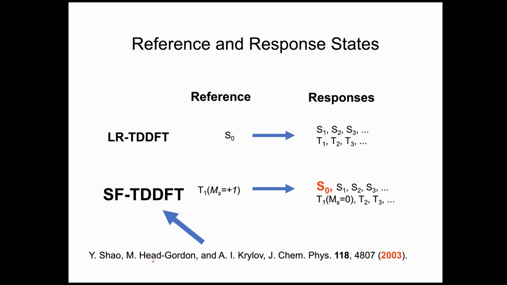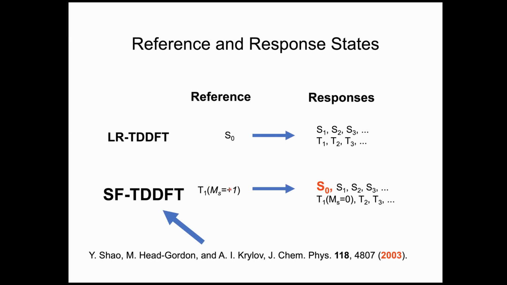However, Martin Head-Gordon and Anna Krylov, in 2003, more than 20 years ago, developed a very interesting linear response theory, spin-flip TDDFT. That's what they call it. The idea is very different, but it's a similar idea. They start with the high-spin triplet as their reference.